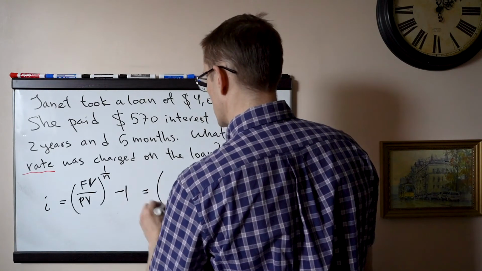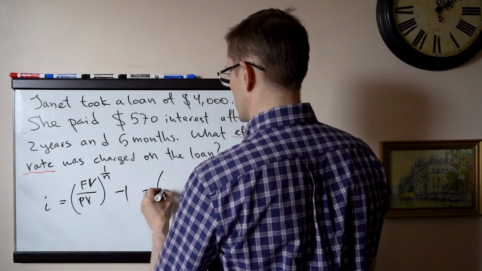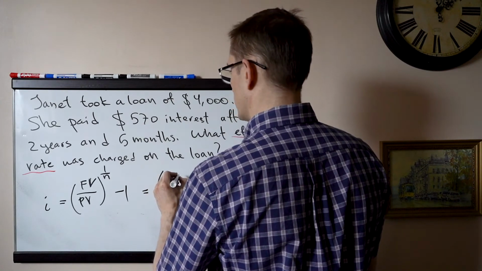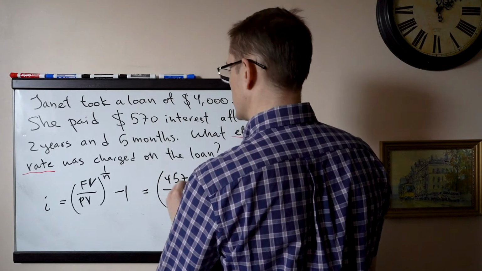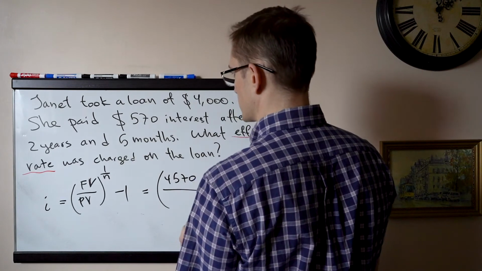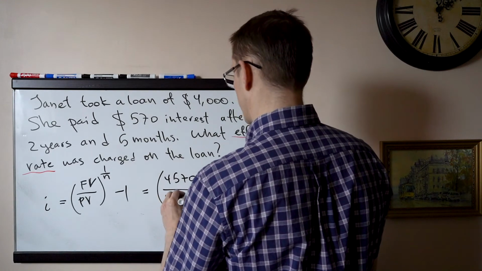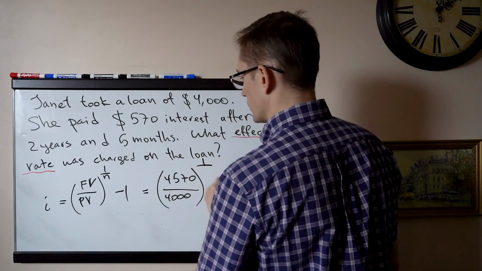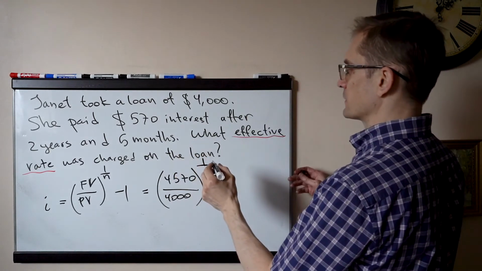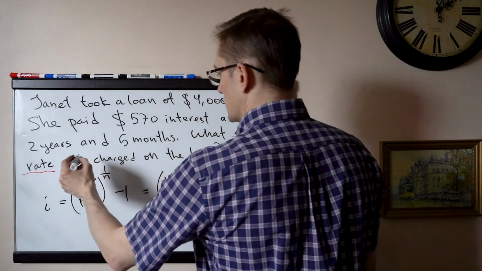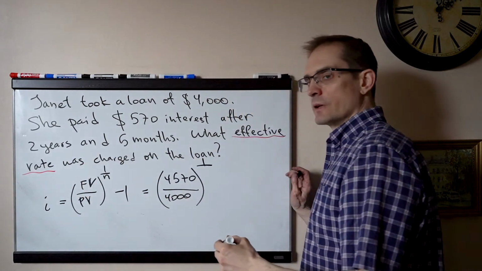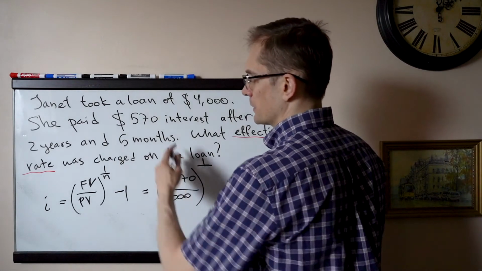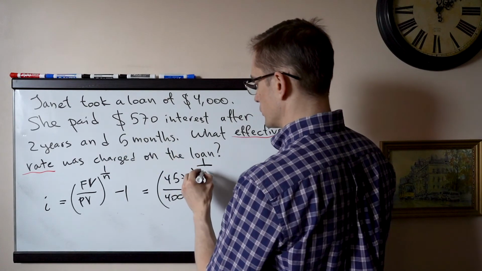So what is our future value? Future value is 4,570, and then we divide by present value, which is 4,000, to the power of 1 over n. So how many periods are there? Well, in effective rate, that's the rate compounded annually. Therefore, it's the number of years that is going to be your period.